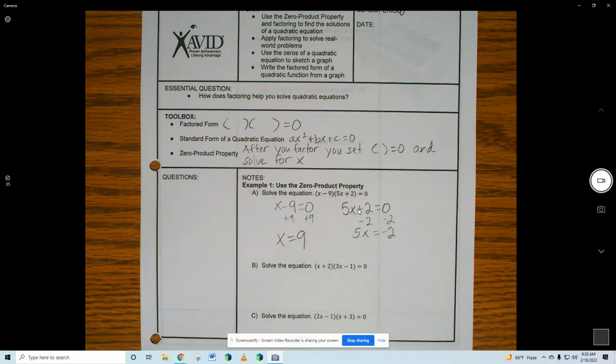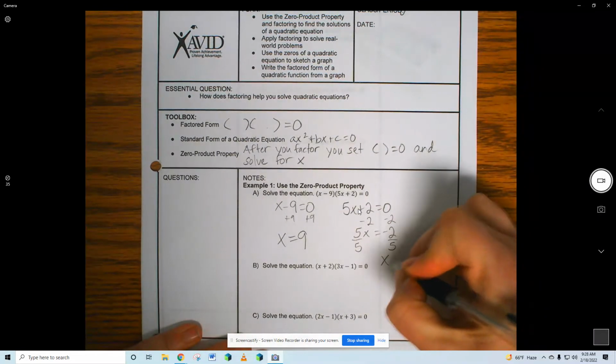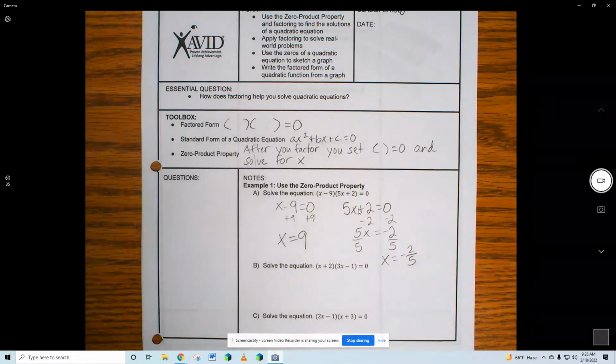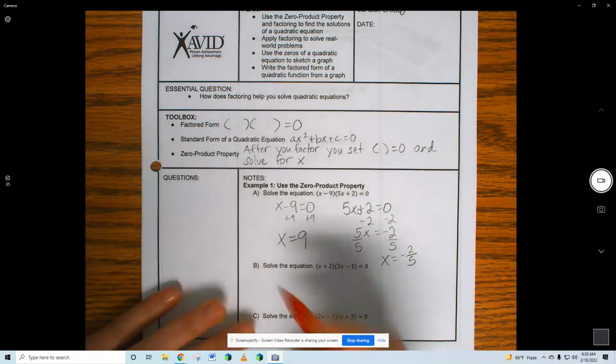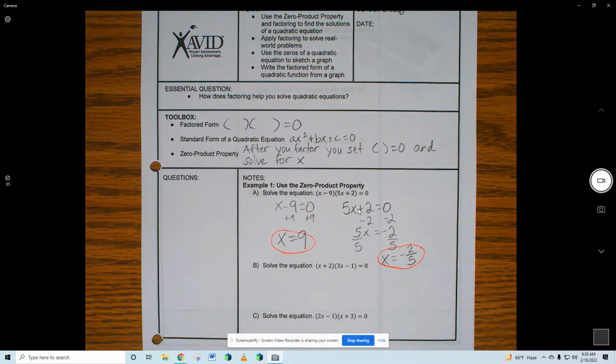And then I'm going to divide by 5. My 2 solutions are x equals 9 and x equals negative 2/5. That's where the parabola crosses the x-axis. I don't want to FOIL, because if I FOIL, then I would get a long trinomial. So you can't FOIL. I have to have them in parentheses to find the solutions.